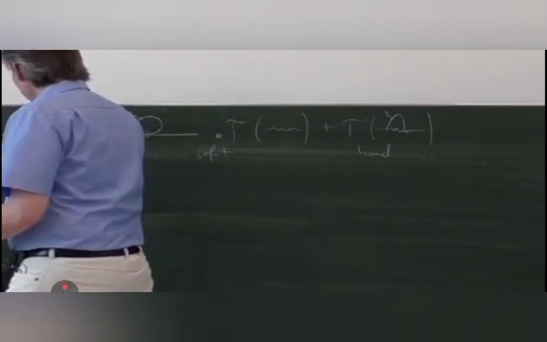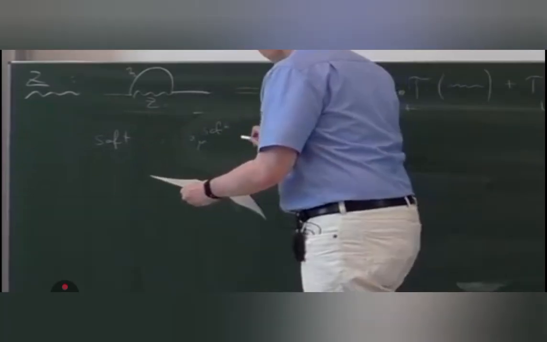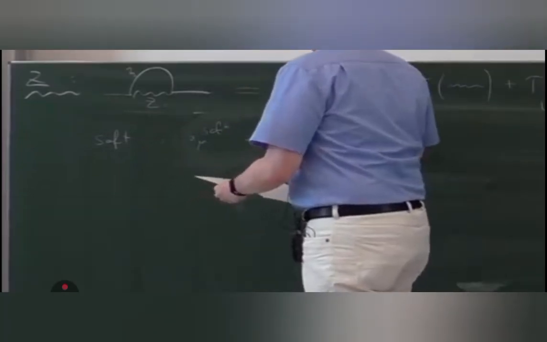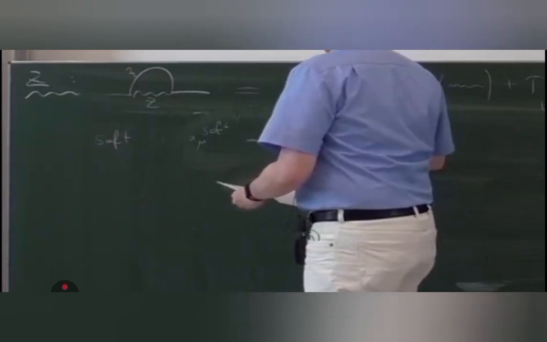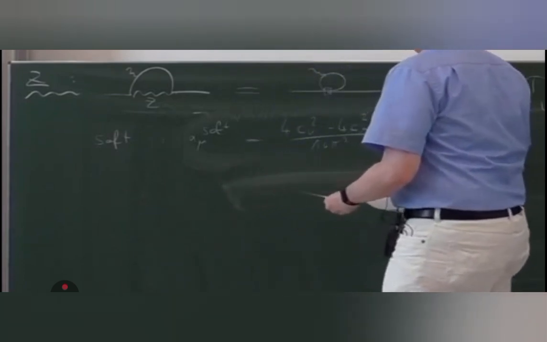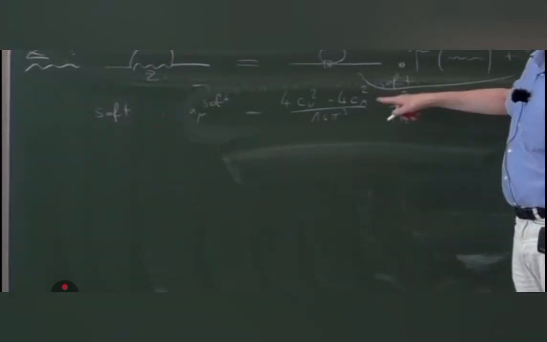Okay, let's just summarize the results. From our calculation, we obtained that G-2, a_mu, from the soft part is given by (4 C_V^2 − 4 C_A^2) divided by 16 π^2 times the muon mass squared divided by the Z mass squared. So all of this is suppressed by 2 powers of the small mass ratio, but here, since the divergence accidentally adds up to 0, we have no 1/ε, and therefore we have no logarithm.